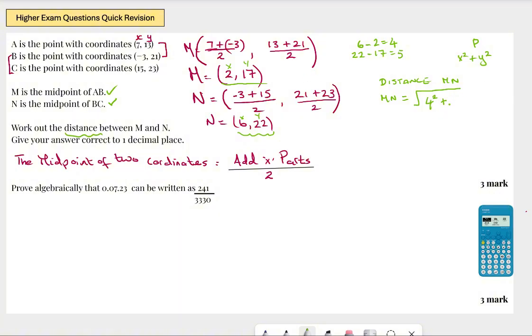And 5 squared. Remember, you've got your calculator, you could just put all this in. Then you get square root of 41, which gives your answer in 1 decimal place, because that's what it's asking us to leave it as. 6.4 to 1 decimal place. There we have it.